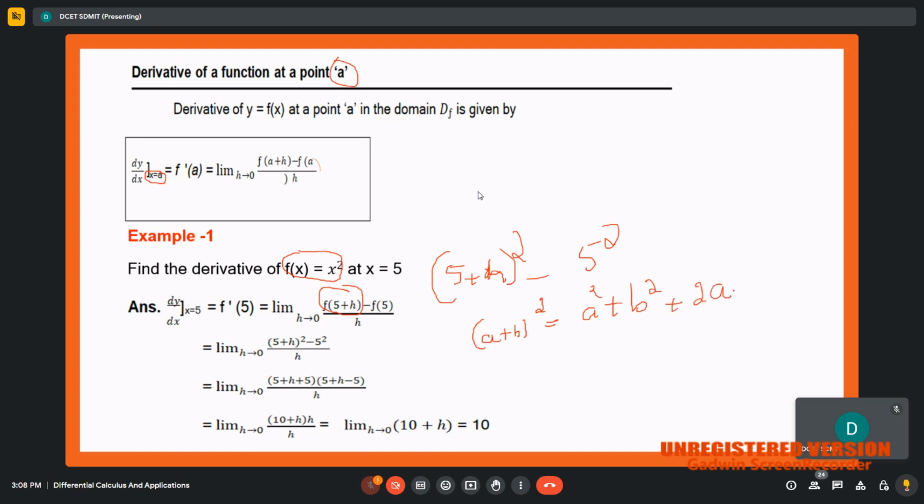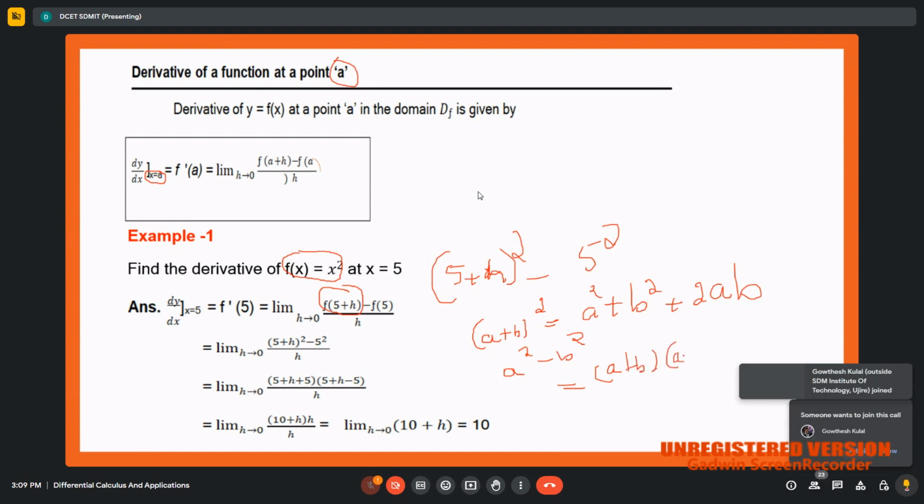When we use this formula, in the place of a it is 5, and in the place of b it is h. Or we can use a square minus b square formula instead. a square minus b square is nothing but a plus b into a minus b.